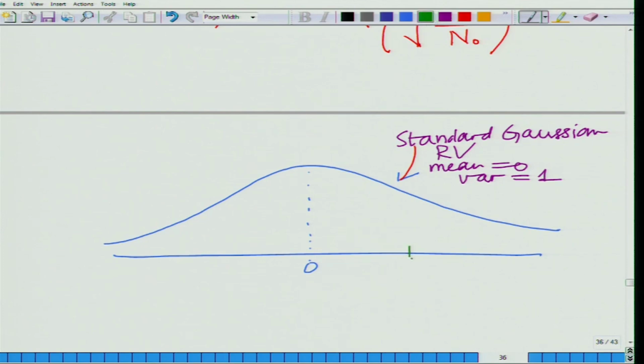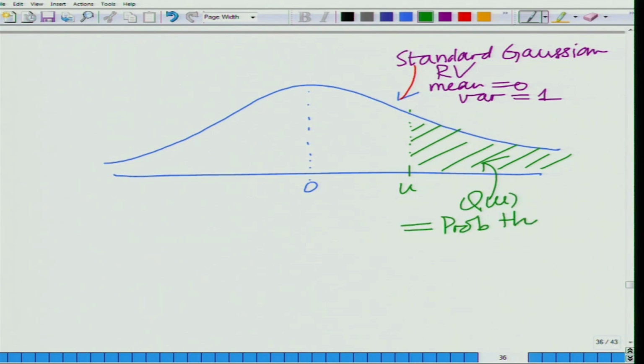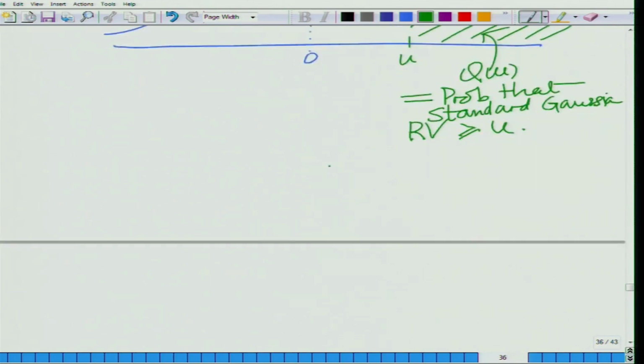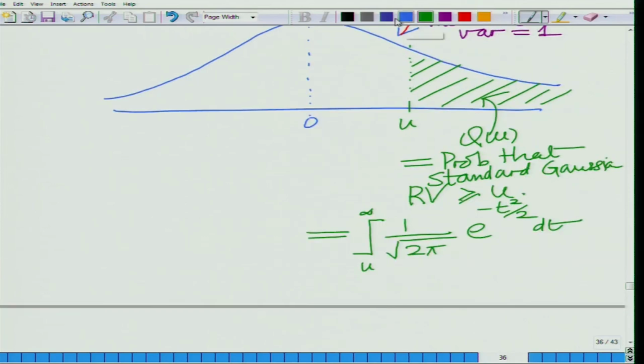Q of u is simply the probability that the standard Gaussian RV is greater than or equal to u, which we have written as the integral from u to infinity of 1 over square root of 2 pi, e to the power of minus t square by 2 dt, and therefore you can clearly see this is a decreasing function of u.